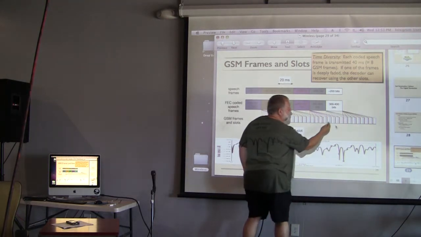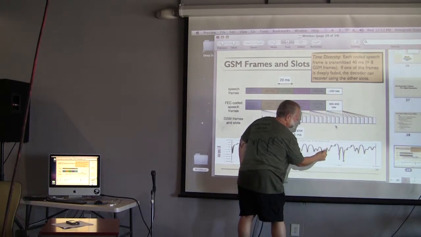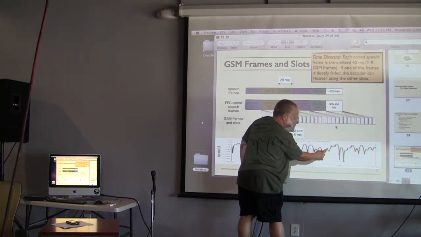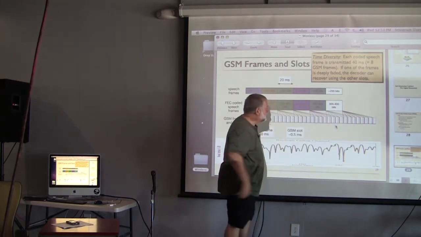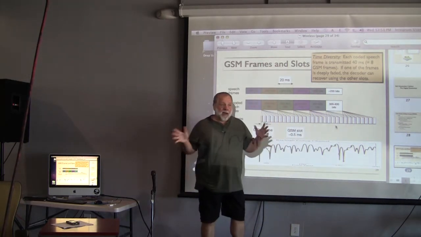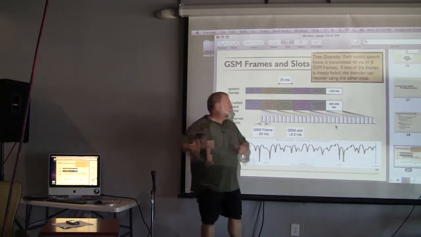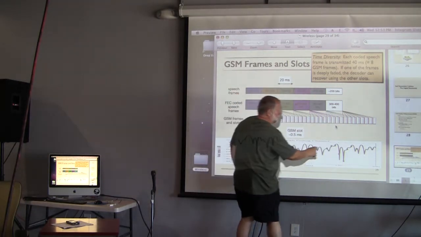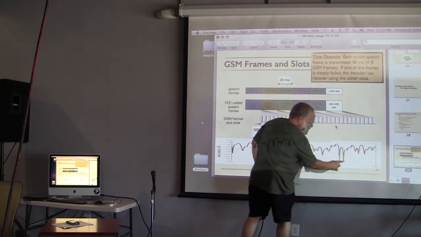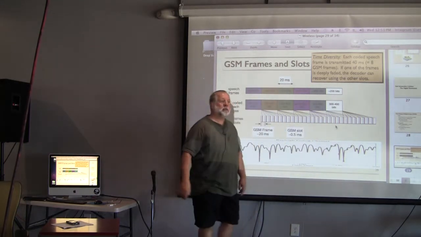And so those slots are going to sample that fading pattern. That's what these teal dots are, here, here, and here, and here. And see, what happens is that out of the 8 frames that trace back to one speech frame, most of them were okay, but there were a couple that hit these deep fades.